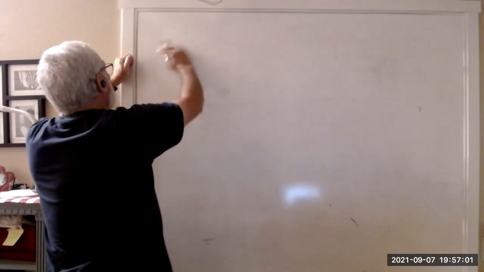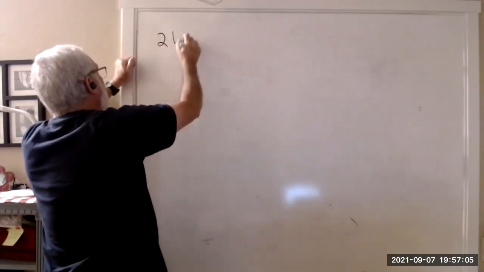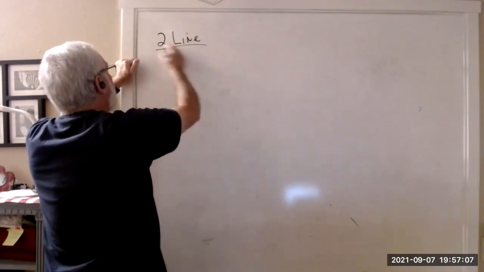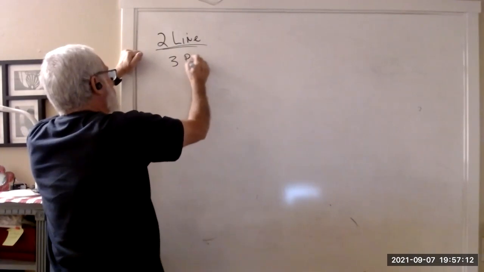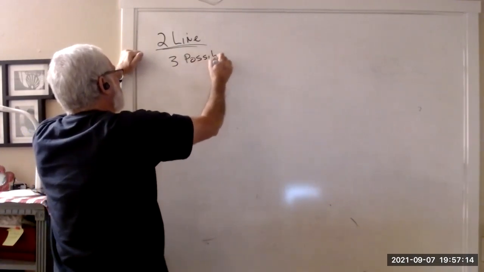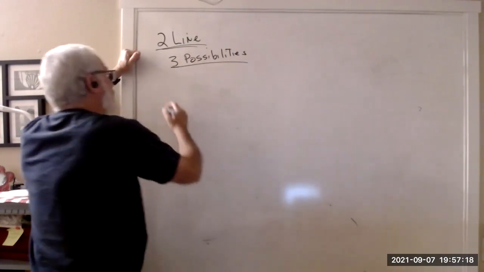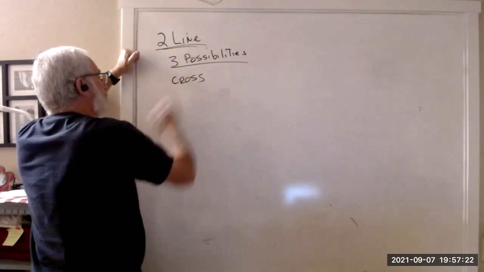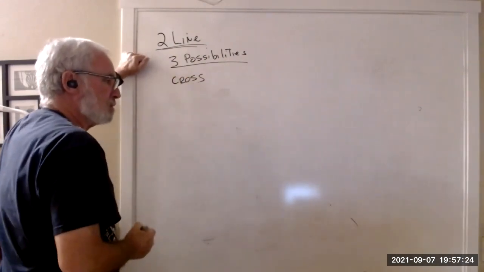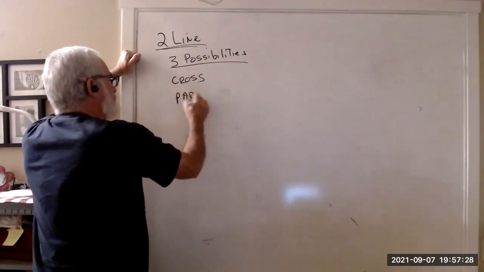When we're discussing two lines, there are three possibilities. Either they just cross, or they're parallel to each other.